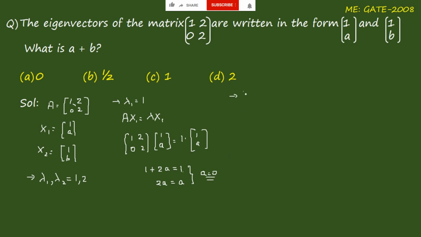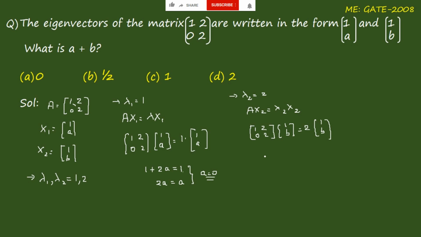Now consider lambda 2 is equal to 2. Just substitute it. A x2 is equal to lambda 2 times x2. Then we get [1, 2; 0, 2], where x2 is given as (1, b), equal to 2 times (1, b), right?